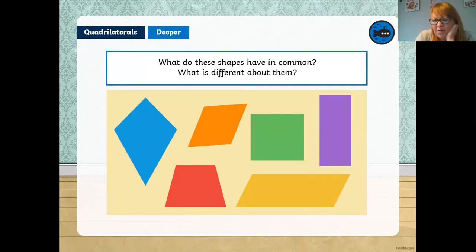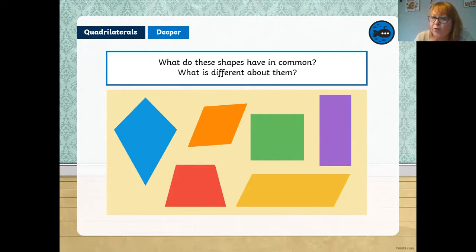So looking at this one, what do they have in common? So what features did they share? What properties do all of those shapes share? What is different about them? So if I asked you what is different about the shapes that are there, you could say, well, some of them have got longer sides, some of them have got shorter sides, some of them have right angles, some of them don't.